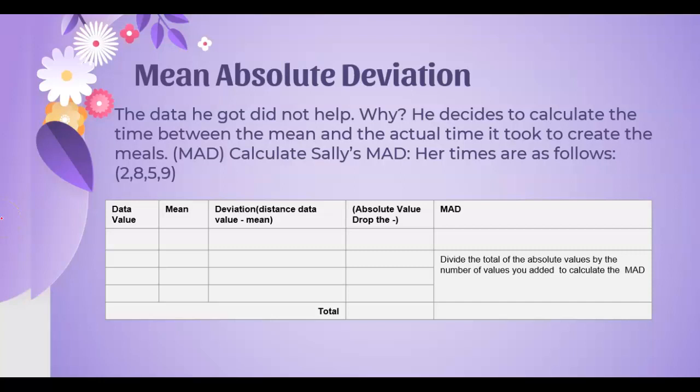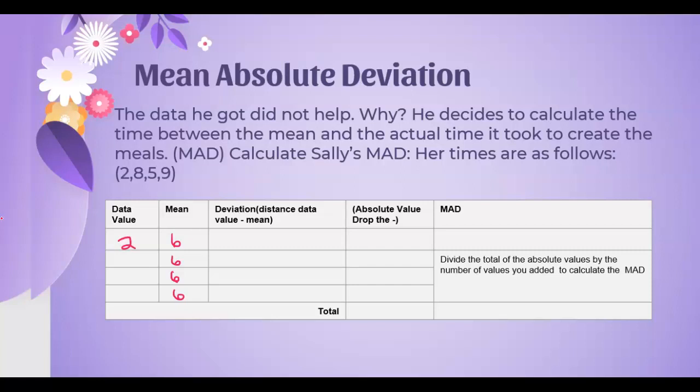He decides to calculate the time between the mean and the actual time it took to create the meals, the mean absolute deviation. Let's calculate Sally's MAD. Her mean was 6. We're going to put those 6's in here, and we're going to put her data in here.